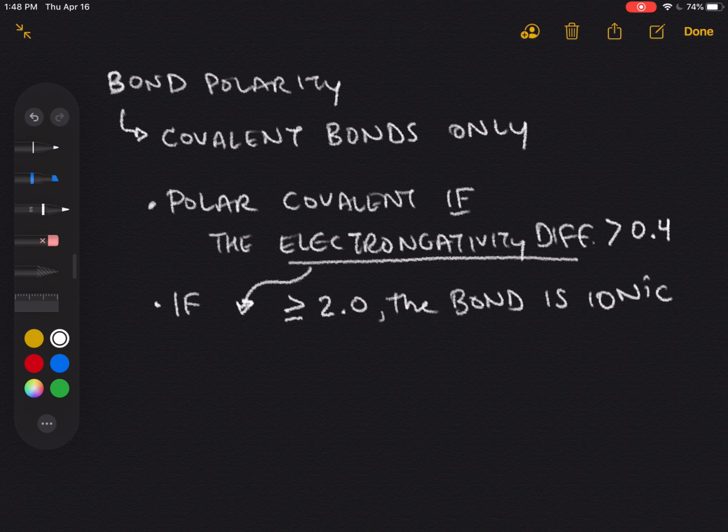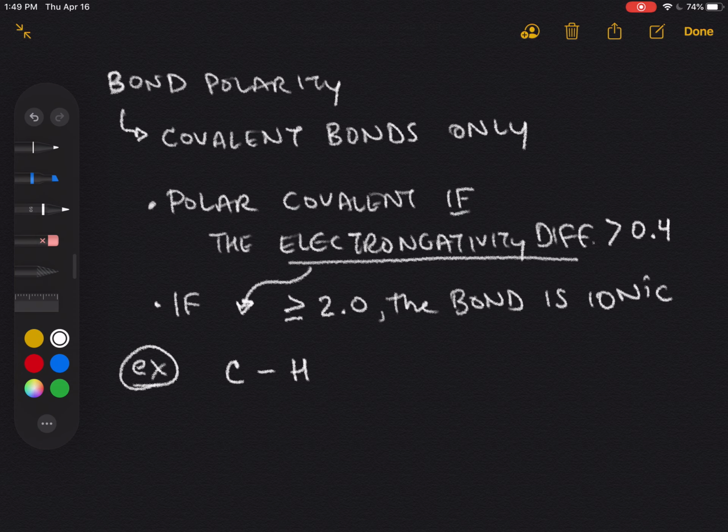So let's do an example. We look at not an entire molecule, but just a single bond. If we look at a carbon-hydrogen bond, for example, we look up the values on the table, and I'm probably going to get these wrong. Electronegativity, just looking it up.